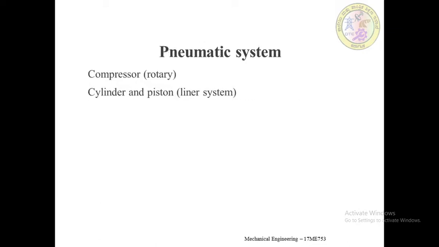In pneumatic system, we have a lot of components we need to understand in a linear manner. Means in arranged study, we need to understand compressors first. Compressors are always in a rotary form, broadly known as rotodynamic compressors, but linear actuators also there, that is cylinder and piston arrangement.